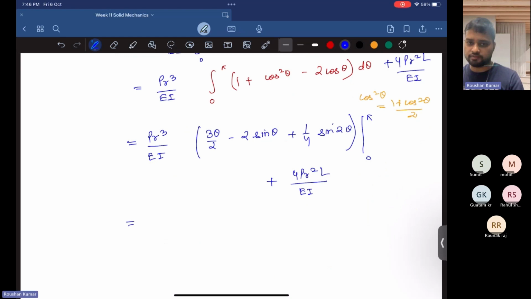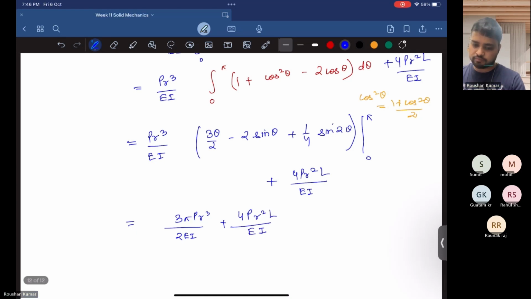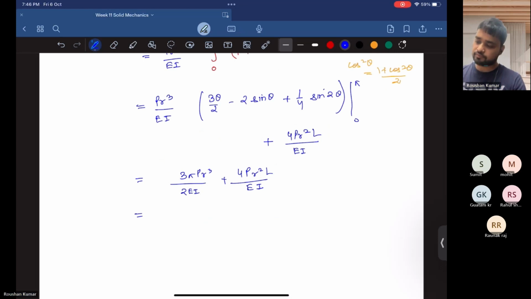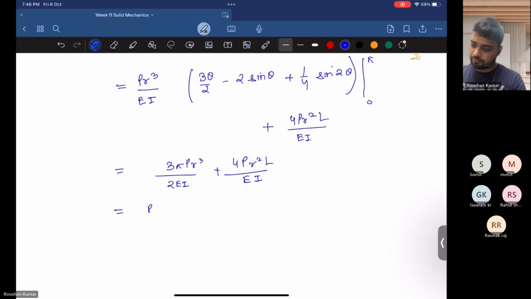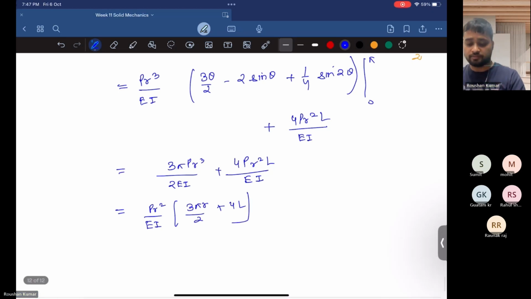Now after calculating this value, we will get 3 pi PR cube upon 2EI plus 4PR square L upon EI, which finally becomes PR square upon EI (3 pi R upon 2 plus 4L). So this is the final expression for del E upon del P, that is the vertical deflection at point P.